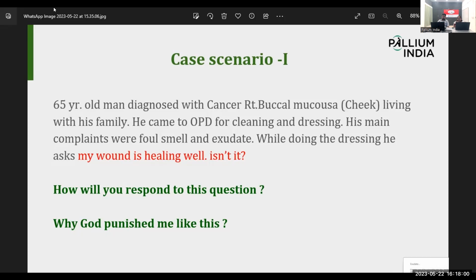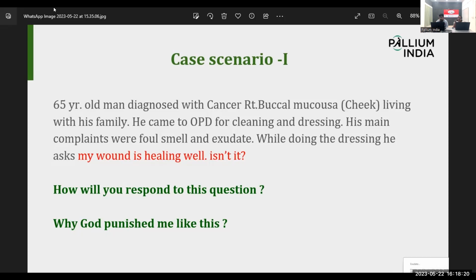Whenever the bleeding happens, they have to use that dark color cloth to wipe out the blood. That will reduce the panic attack. These are the main important points you have to keep in mind while taking care of these kinds of patients.